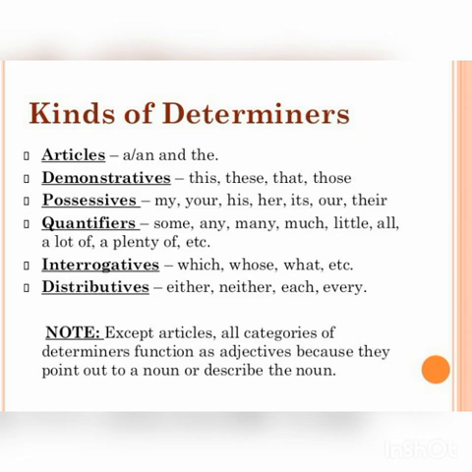Now an important note here is except articles, all categories of determiners function as adjectives because they point out to a noun or describe the noun. So we can say that except articles, all the determiners act as adjectives.